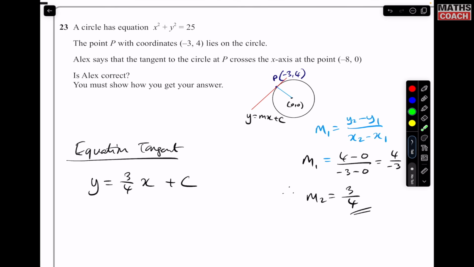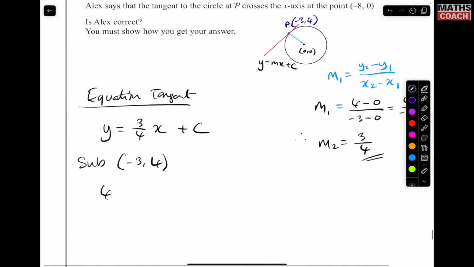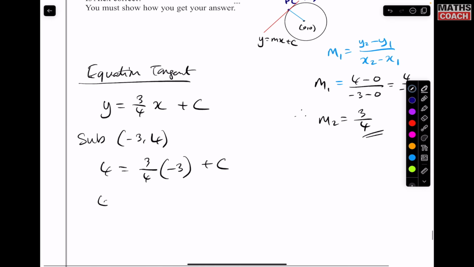I now need to find the c by substituting the point that the tangent goes through, which is minus 3, 4. So I'm going to sub minus 3, 4. So therefore 4 would be equal to 3 over 4 times minus 3, plus c. So I'm subbing the x and the y here. So we've got a calculator to use throughout, guys, which is very lucky.